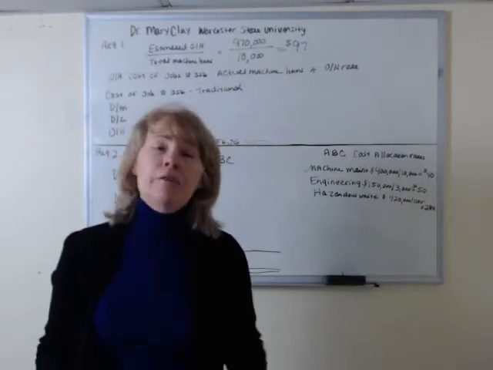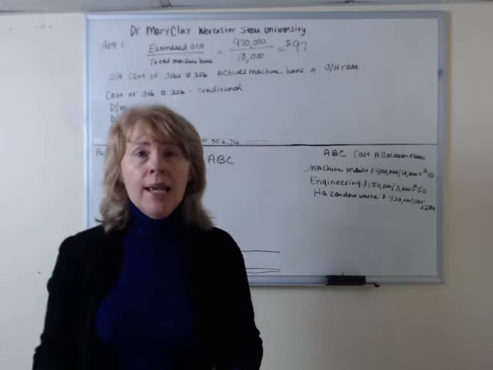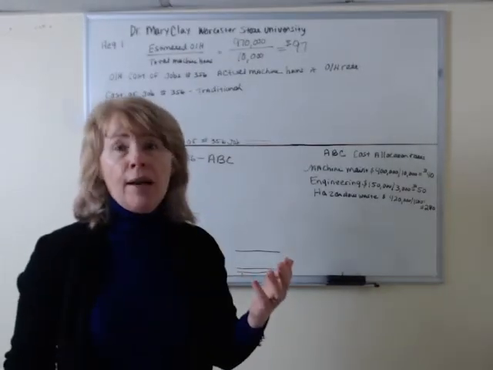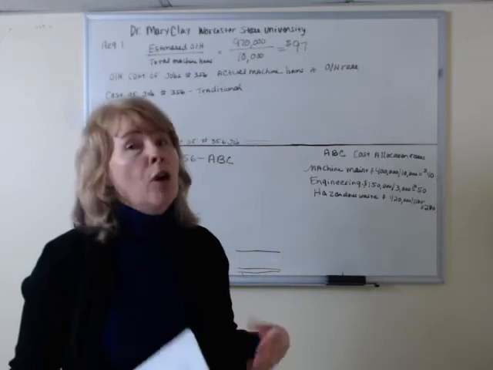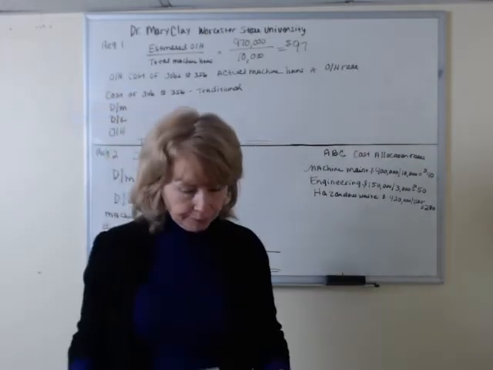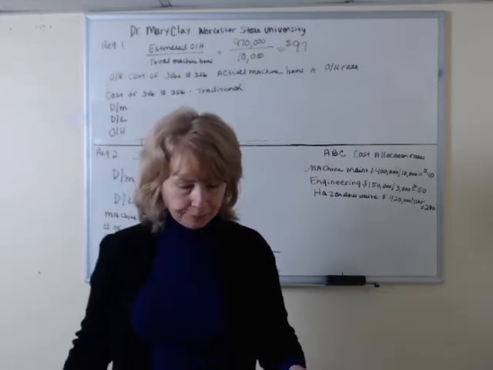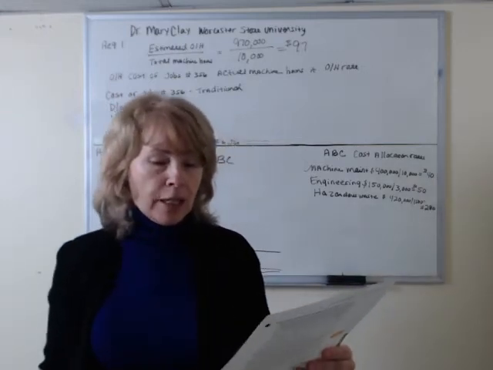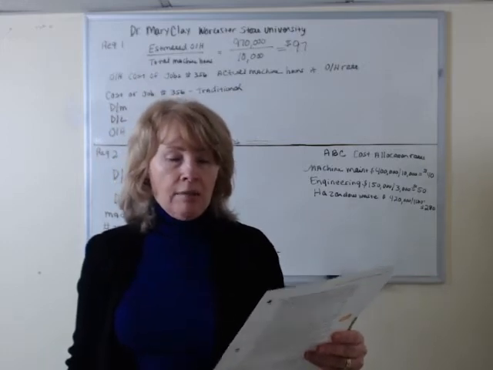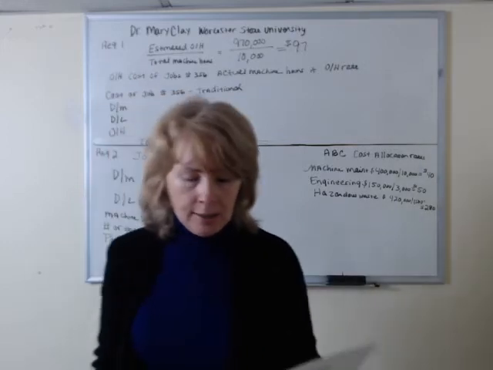And so what I did for this particular problem is I already computed some of the answers, because the traditional overhead rate, you've already computed that many times. So this particular problem, here's what it's saying. Holiday Industries manufactures a variety of custom products. This is how you know you're going to do job costing. It's custom.